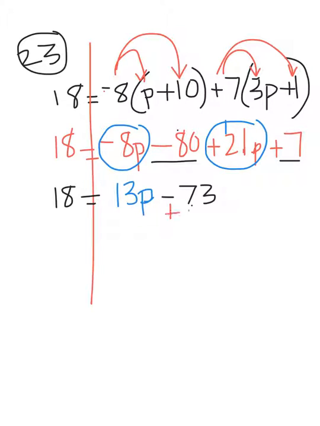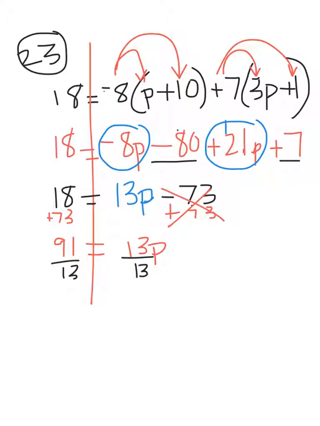So, plus 73 on both sides, that gets rid of that. I'm left with 13p here equals, I'm just going to use my calculator, 18 plus 73, and that will equal 91. Divide by 13 on both sides.